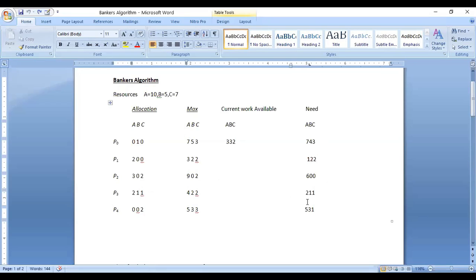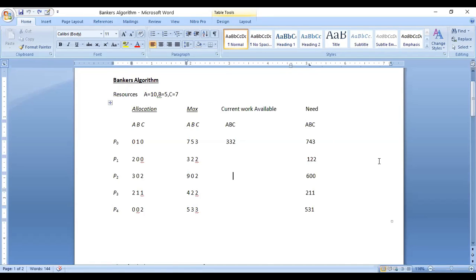That is 2, 1, 1. So if P3 wants to execute, it needs 2 from A, 1 from B and 1 instance from C. And for P4: 5 minus 0, 5, 3 minus 0, 3, 3 minus 2, 1. So is it clear how to calculate the availability of resources and the need for the remaining processes?